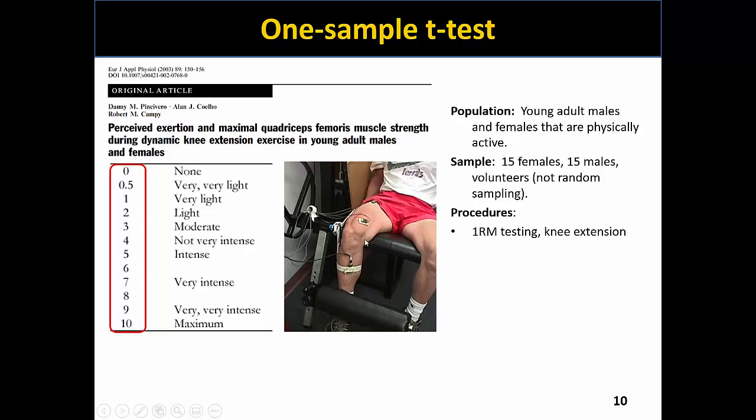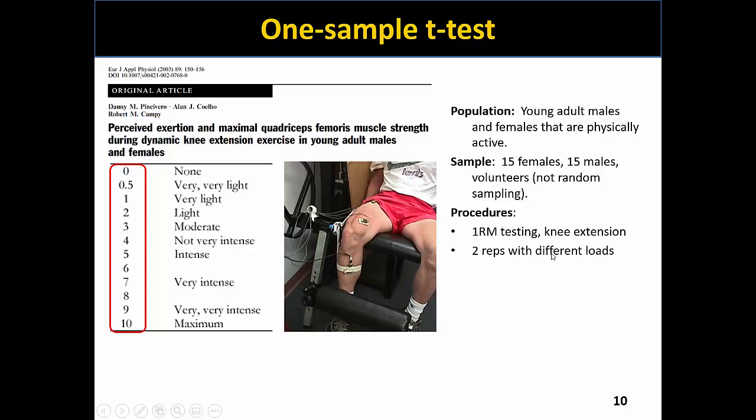The procedures here first involved examining a person's maximum strength generating capability in what's called 1RM testing. So the person was evaluated for how much weight they could lift with this exercise, doing one leg extension only one time. They were only able to achieve one repetition of this particular exercise, which was knee extension.